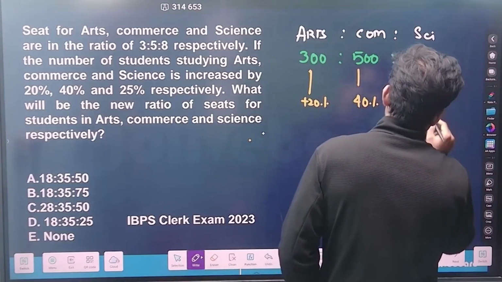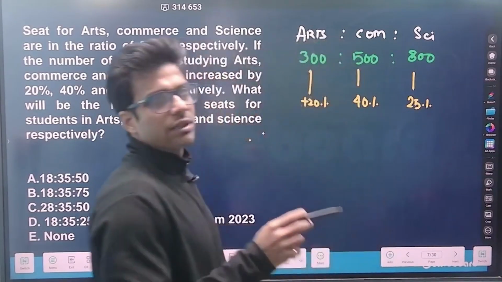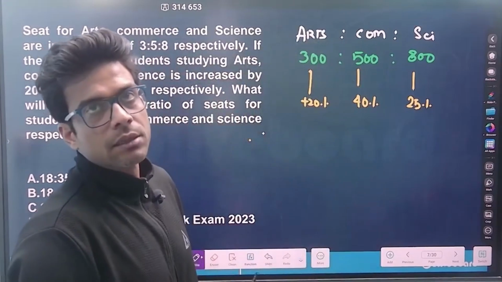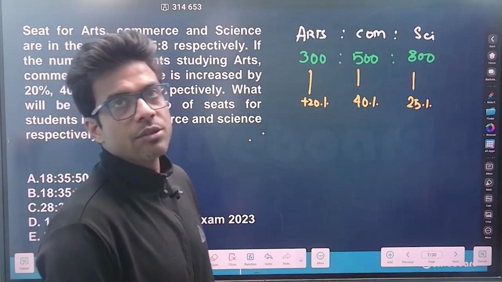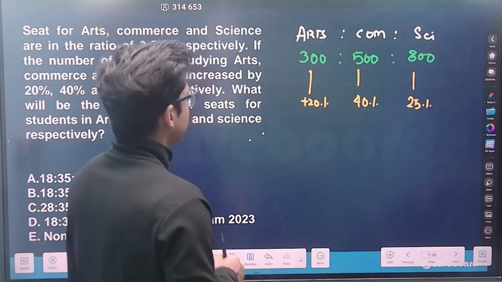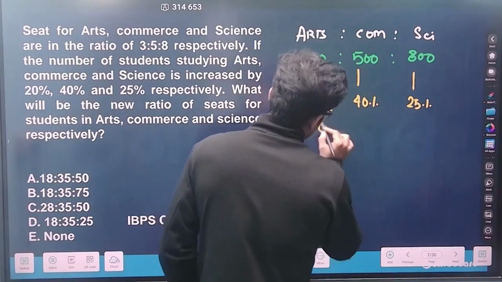So 20% means how much? It would be 60. The increased value will become 360.